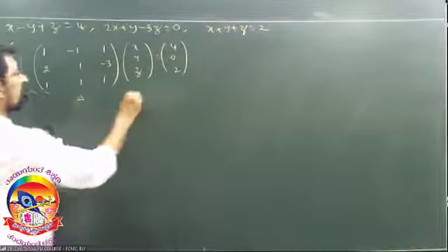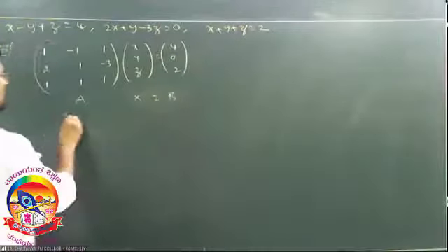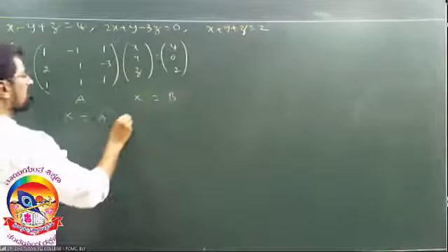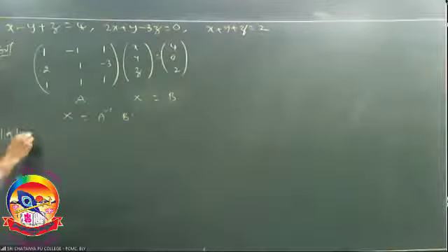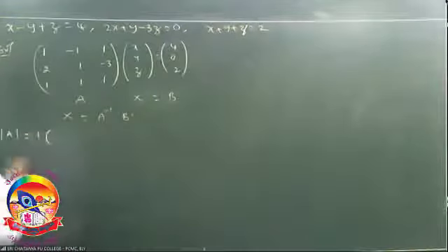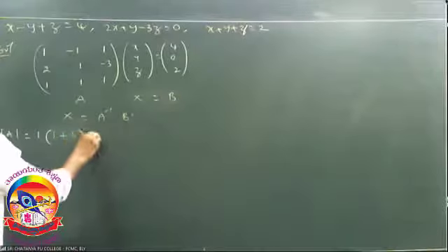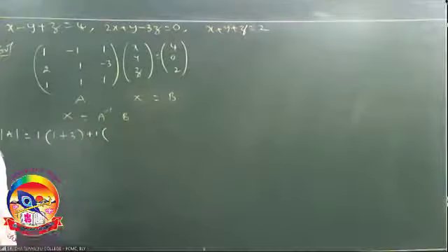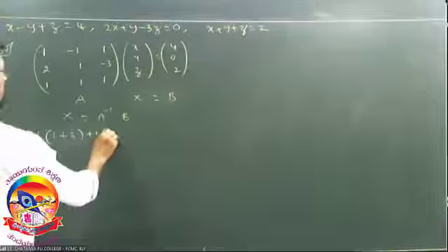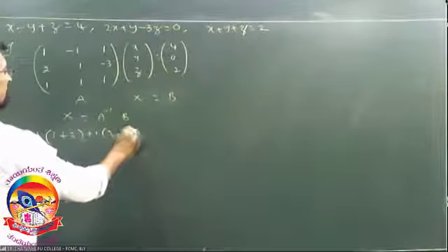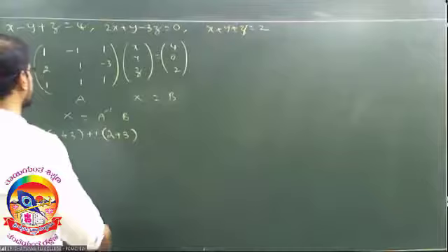Now, write this one as capital A, x is equal to b, x is equal to A inverse into b. Find out delta, okay? 1 into 1 minus of minus 3 is equal to 3, minus of minus 1 is equal to positive 1, and 2 plus 3 you are going to get, right?